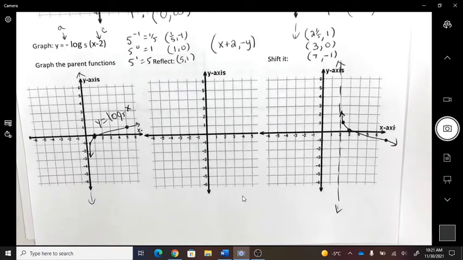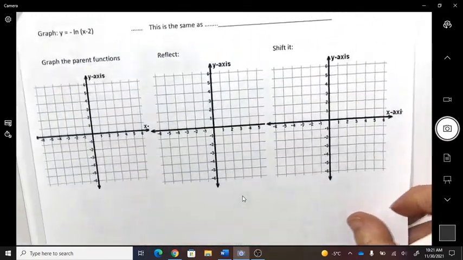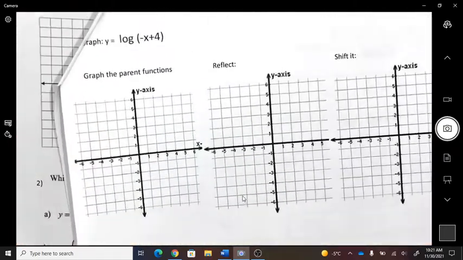Okay, so did you see that reflection? And then did you see it move to the right? Does it look like it would do those things?